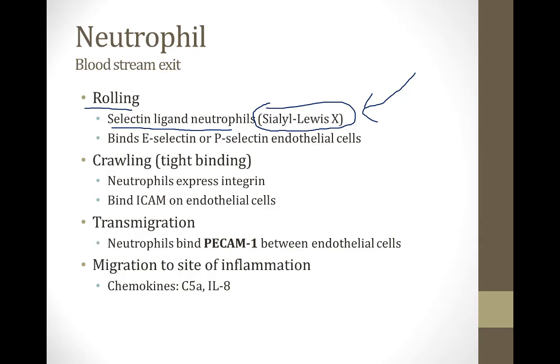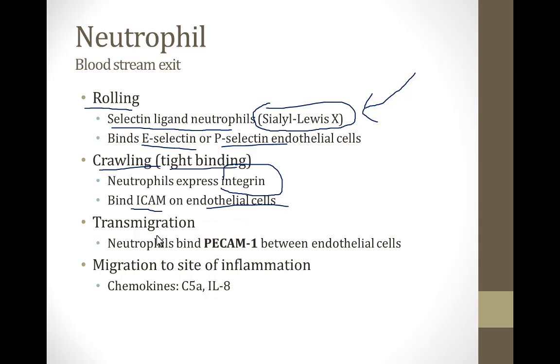These ligands on the neutrophils bind to molecules called E-selectin or P-selectin on endothelial cells, and this makes them slow down and start to roll when they are traveling through the bloodstream. The next thing that happens is they begin to crawl. This is a process called tight binding, and this occurs because neutrophils express a molecule called integrin on their surface, and integrin binds to intercellular adhesion molecules, or ICAM molecules, on the surface of endothelial cells.